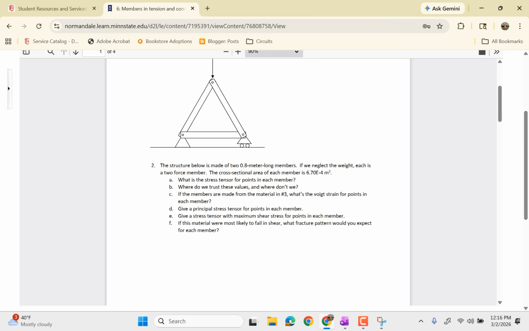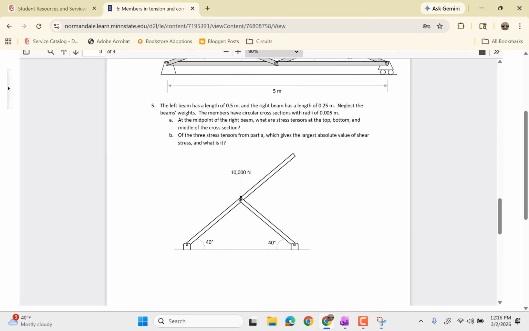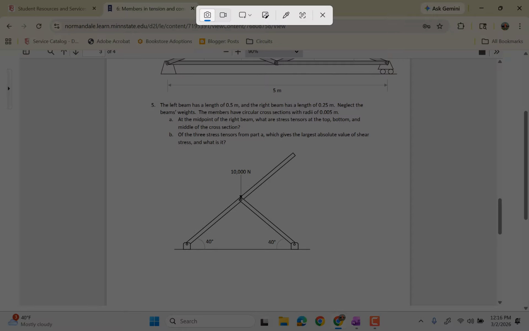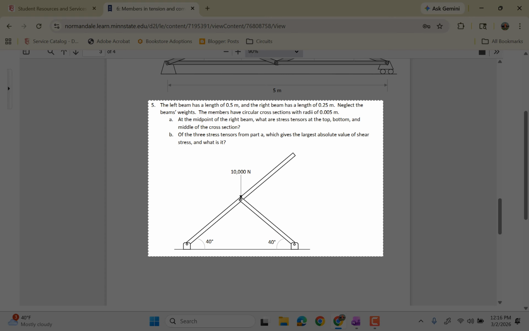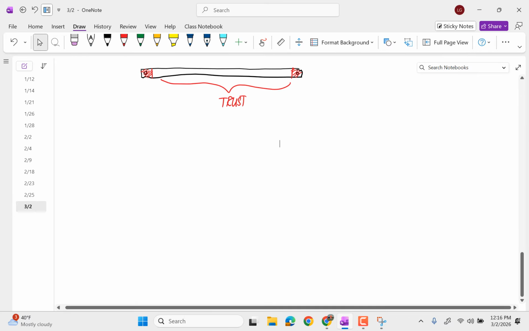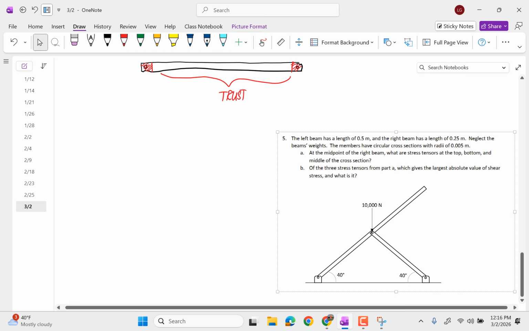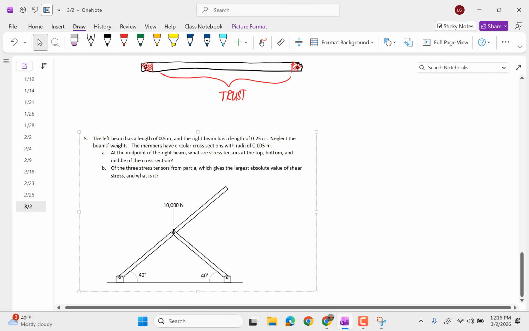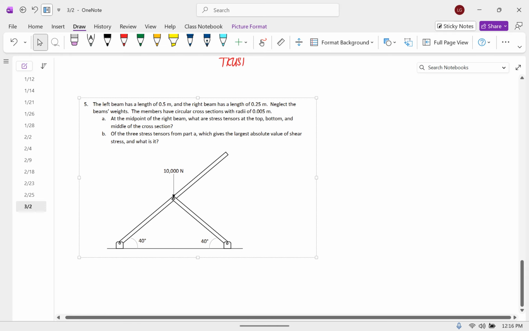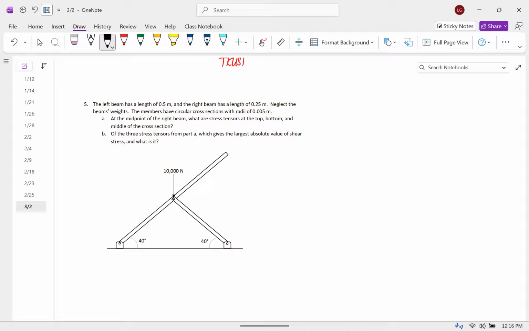And then number 5. Okay, so there's no weight at the midpoint of the right beam.